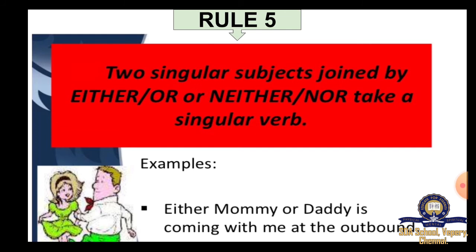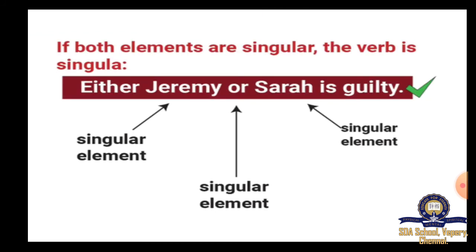So here, mommy and daddy are singular subjects with either or, so we have a singular verb, that is. Either Jeremy or Sarah is guilty. So Jeremy and Sarah are singular subjects and we have either or here. So yes, the verb is in the singular form, that is.